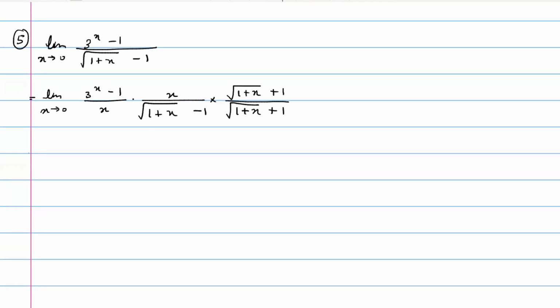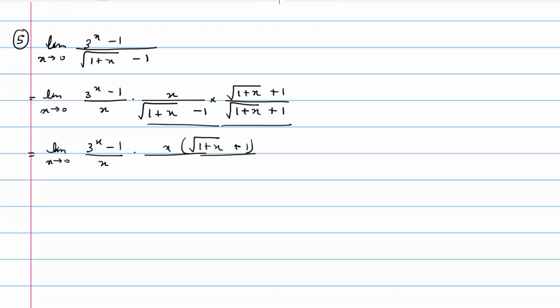So do not forget to write all the steps that you are trying to show. So here you have limit x tends to 0, 3 raised to x minus 1. You can write it as a separate limit as well, not a problem. So this is root of 1 plus x, plus 1. Down you have a minus b into a plus b, that is a square minus b square. I'm showing that step as well.